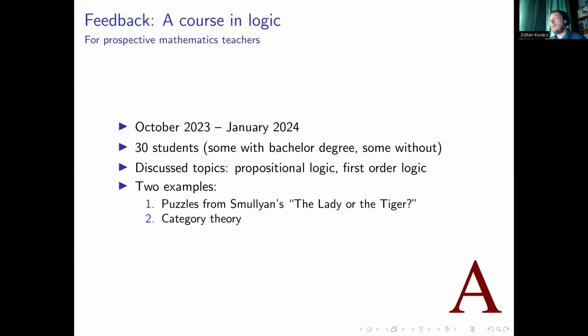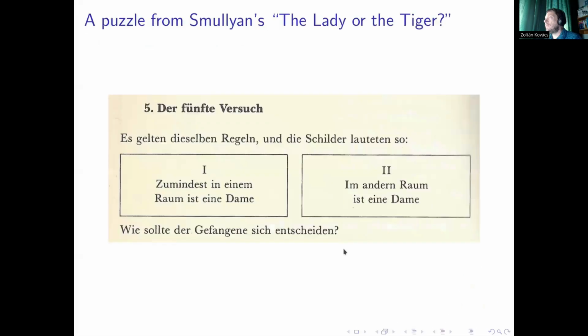Here, we would like to illustrate GNU Aris with two examples. One example is from a quite well-known book by Raymond Smullyan, the famous logician, The Lady or the Tiger. And the second example is a well-known basic concept from category theory. So let's have a look.